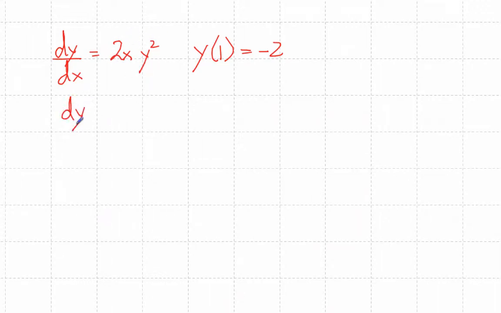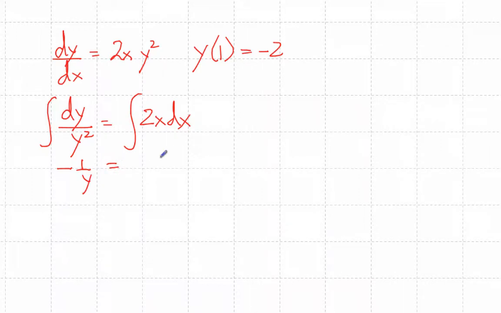Let's write this as dy over y squared equals 2x dx. And now I can integrate both sides. When I integrate this, I get minus 1 over y plus a constant equals x squared plus a constant, and I'm going to combine both into the same constant c.